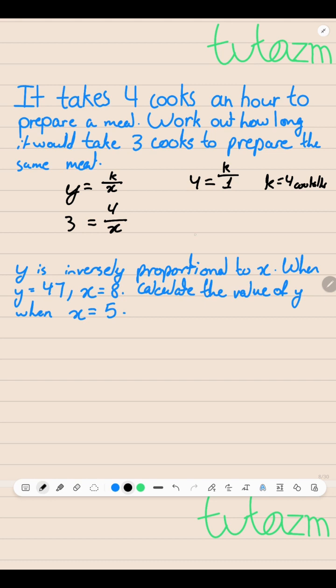So 3x is equal to 4, and so x is equal to 4/3, which if we multiply by 60 gives us, put that into the calculator, 80. So our final answer is 80 minutes, or 1 hour and 20 minutes as our final answer.